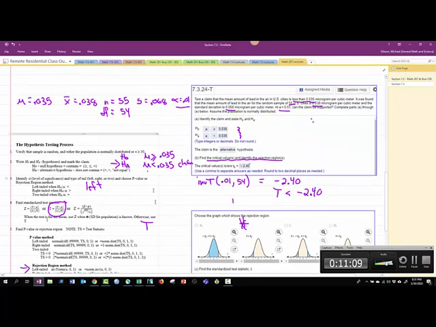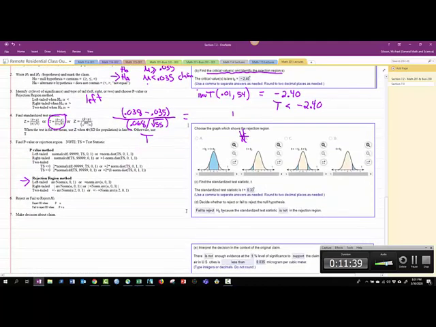So x bar is 0.038 minus the mu of 0.035, right? The mean of the sample minus the mean from the claim over the standard deviation, 0.068, divided by the square root of the sample size. Okay, do that calculation, and it is going to come out to be 0.33.